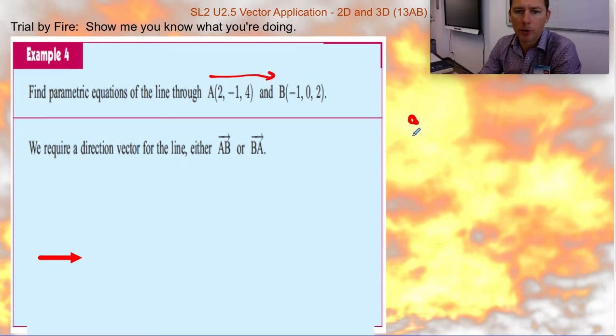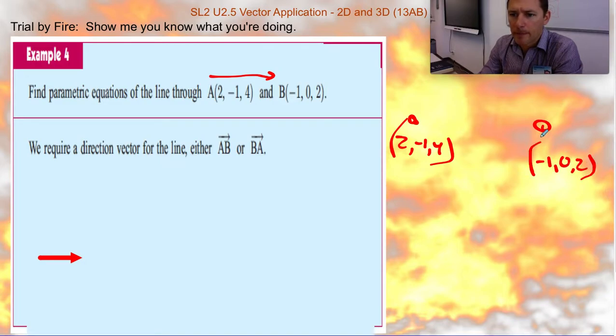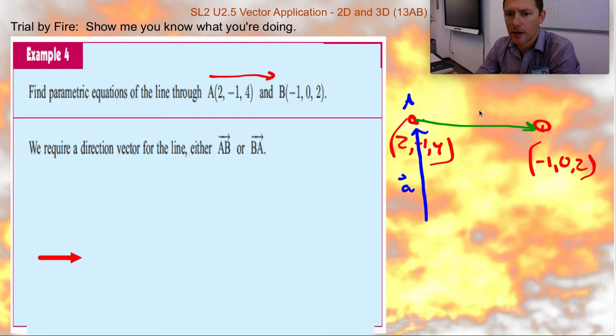So one point is 2, -1, and 4, and the other is -1, 0, and 2. And so our equation is going to look like, how do you get to the first one, right? How do you get to A? What's that vector? And then how do you change from there to there, right? That's our directional vector, D.